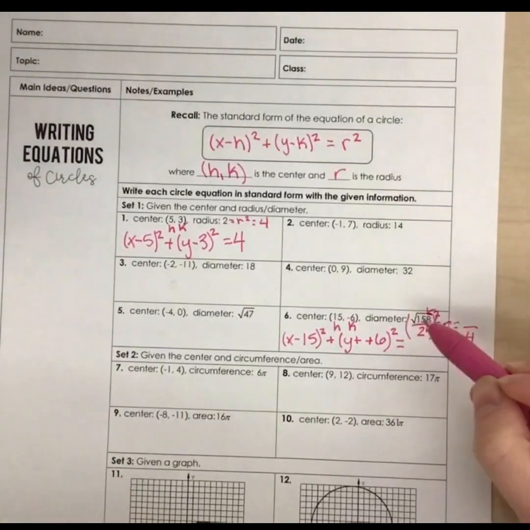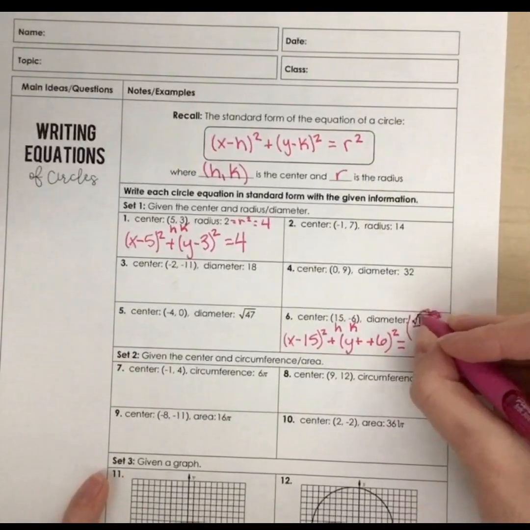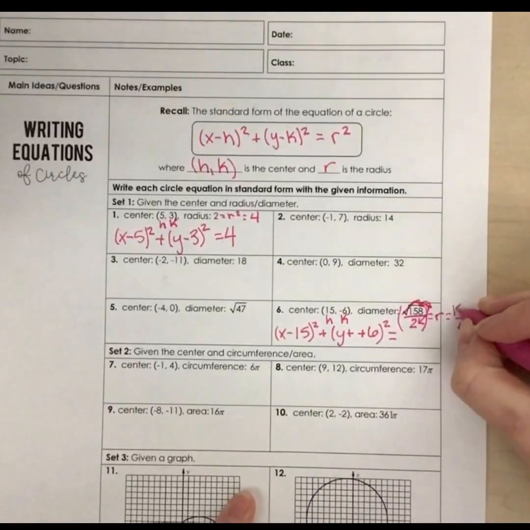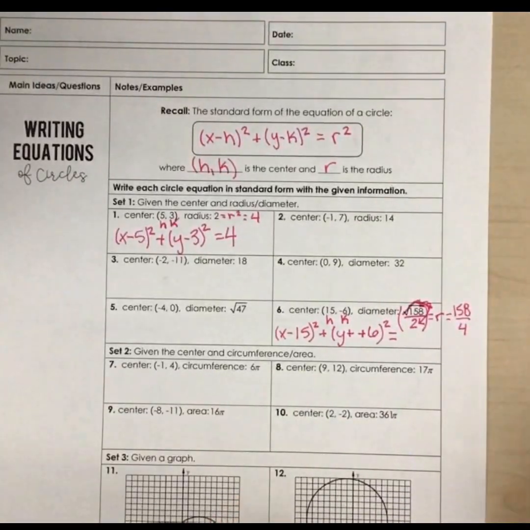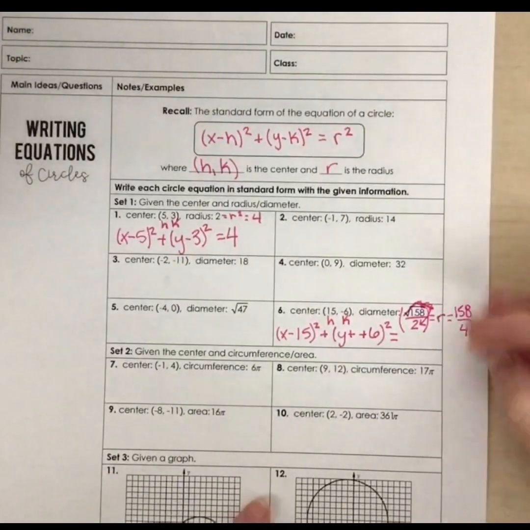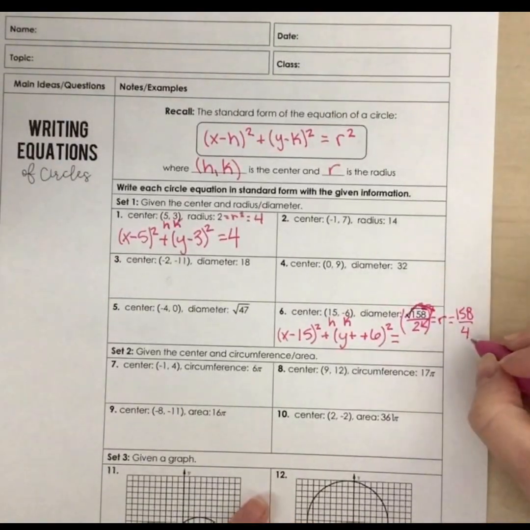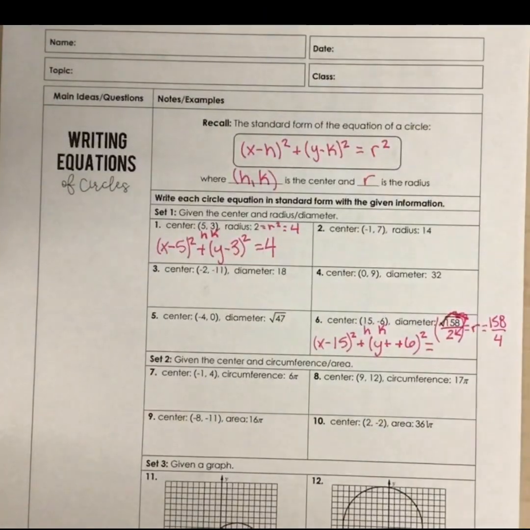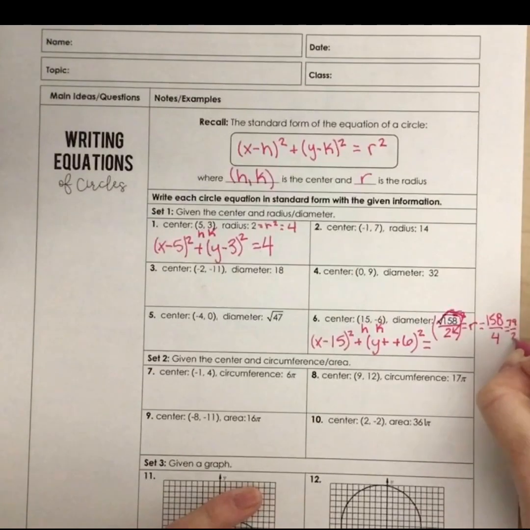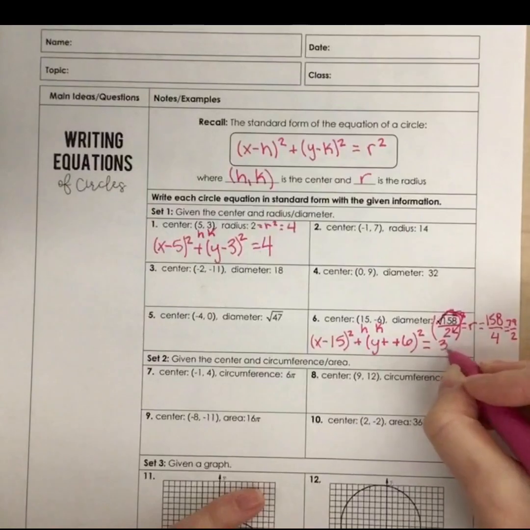But if I have the square root of something and I square it, I'm negating or canceling out this square root sign. So I have 58 over 4. And you can type this into a calculator to see that your fraction here will reduce down. And it will reduce down to 29 over 2.